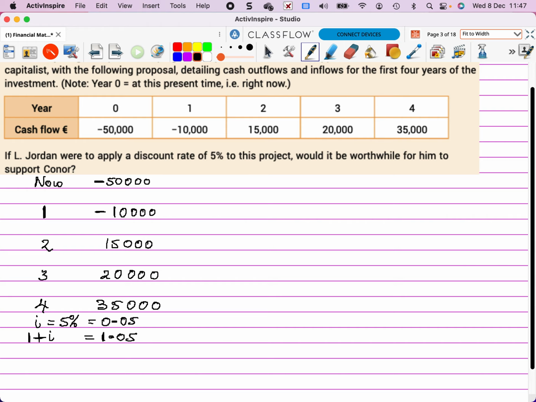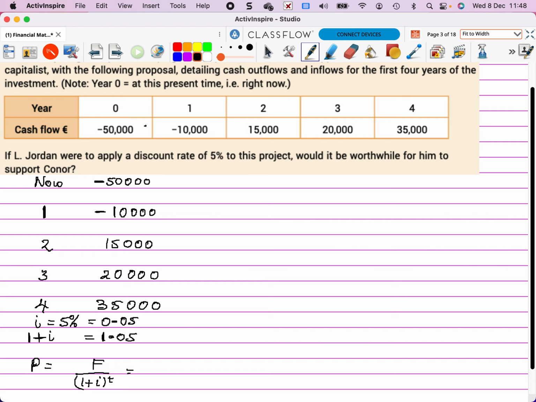I know that the present value formula is equal to the future value over 1 plus i to the power of t.